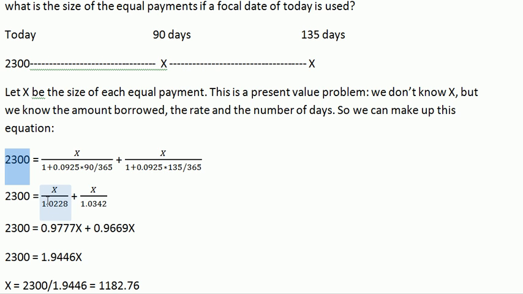We simplify the denominators of our equations, making sure that we keep it equal to the term on the left hand side, P, which is the present value.